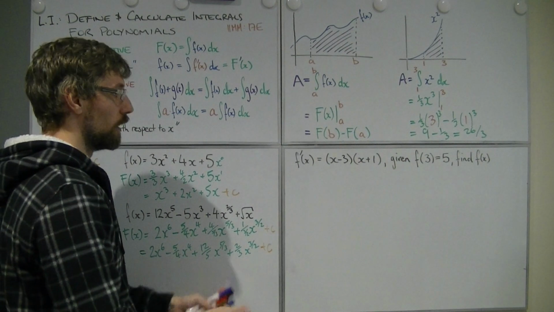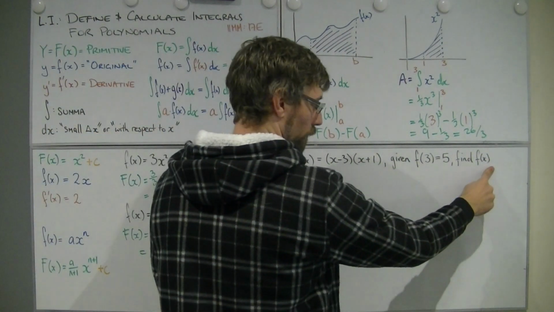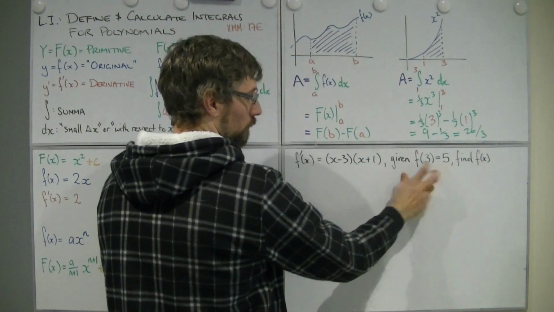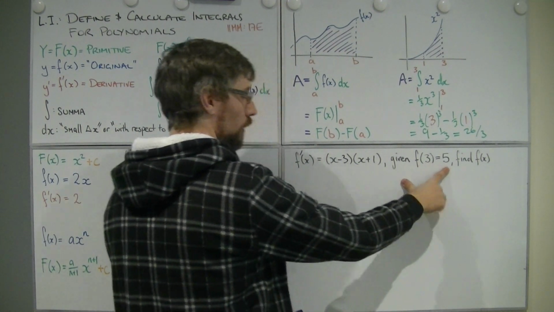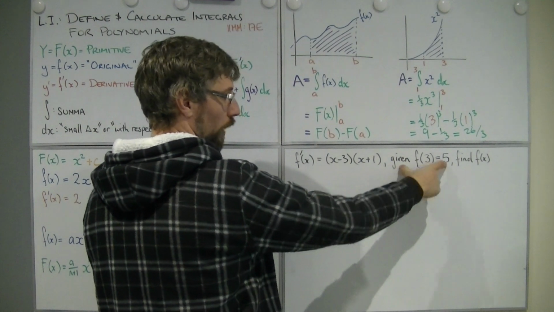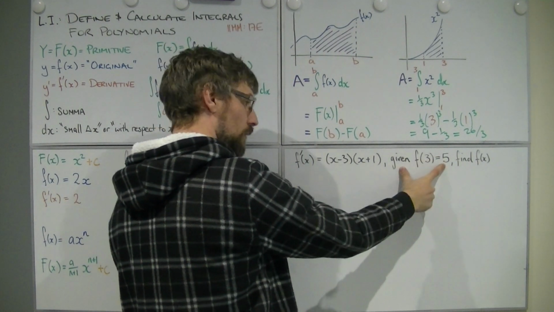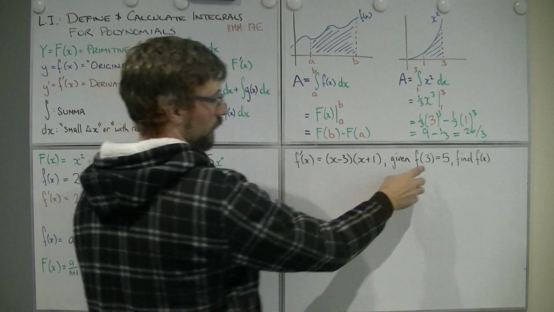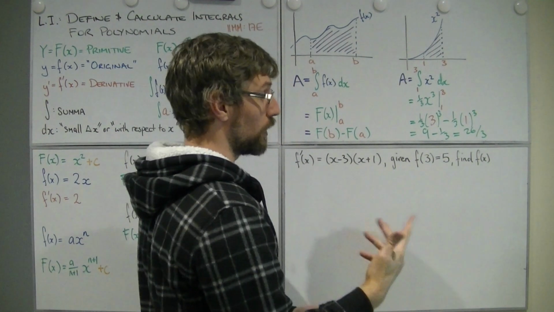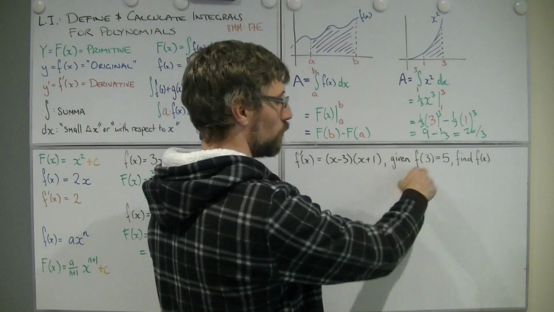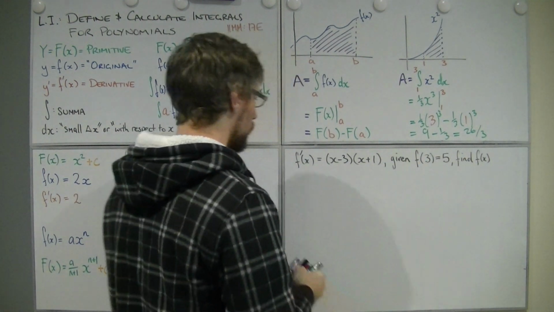I know its derivative, but I want to find its original. This part here says that when x is 3, y is 5. So this part here is called our initial conditions. Very commonly, this will have time 0 or something, so that's why it gets the name initial conditions. But basically, it just tells you what's happening for the original function.